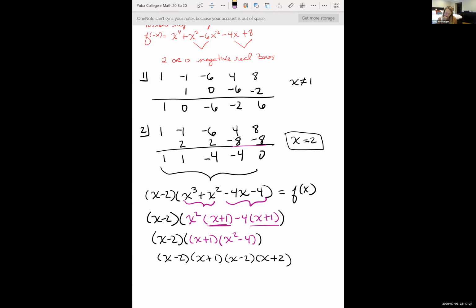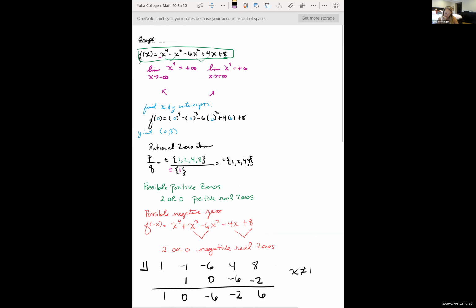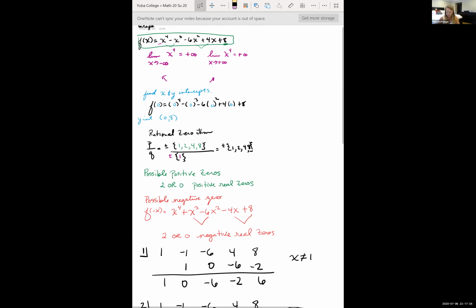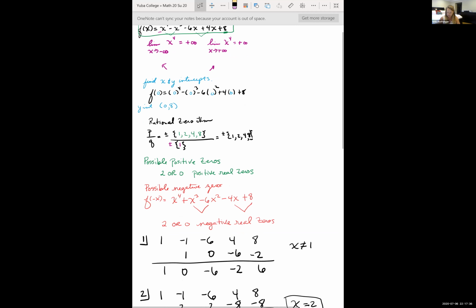Oh no. Hold on. Okay, I was worried that I had used the coefficients of f of negative x when I put it down here. I didn't. Okay, we're good.